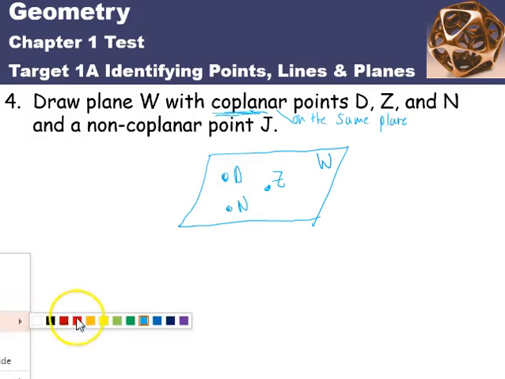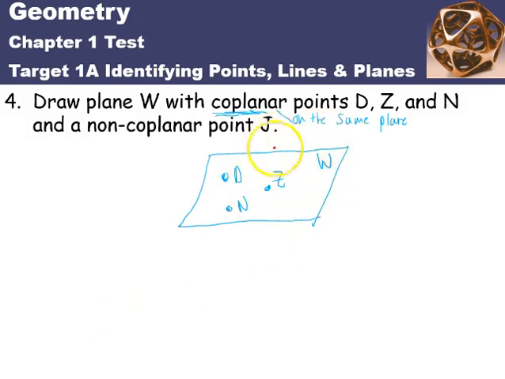So I need another point that's not on the plane. So I draw it somewhere off of the parallelogram. So like right here, there's my non-coplanar point J. So I have my 3 points that are on the plane and my 1 point that's off. And I've labeled them all. W is a plane, there's no point there. I have points D, Z, and N that are on the plane, and point J that is off of it.